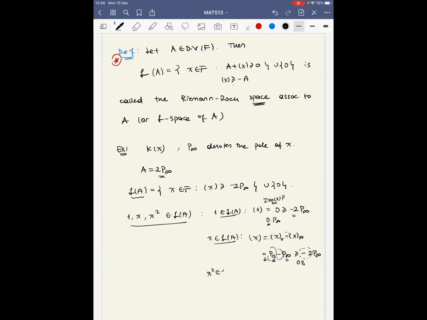And similarly for x squared, it will be enough to observe that its principal divisor is 2 times the principal divisor of x.